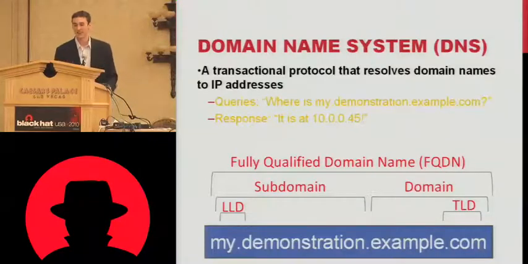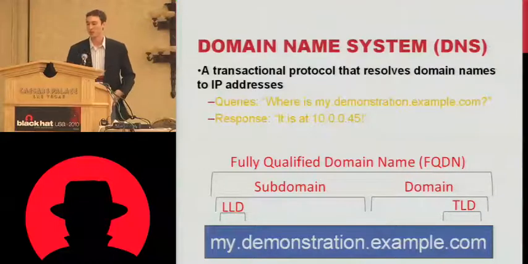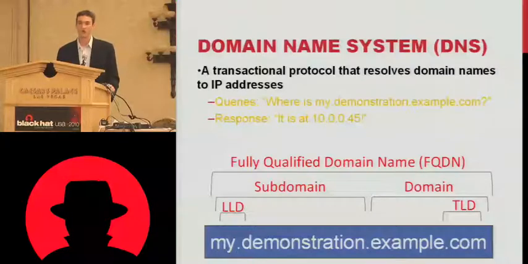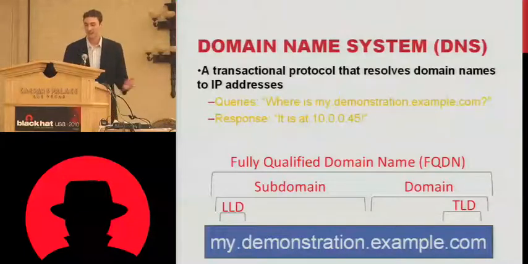Now, DNS is essentially a transactional protocol that resolves domain names to IP addresses. It does do a lot more than that, but with what we're talking about today, this will pretty much get you by. You basically have queries where, for instance, your system is going to ask where is a domain name, in this case demonstration.example.com, and you're going to get a DNS response that gives you an IP address.